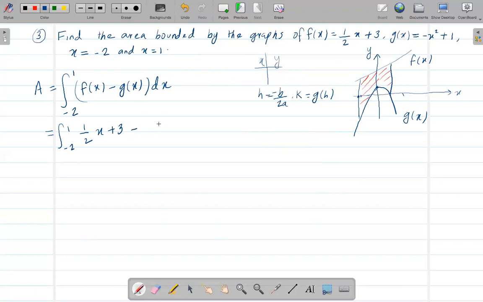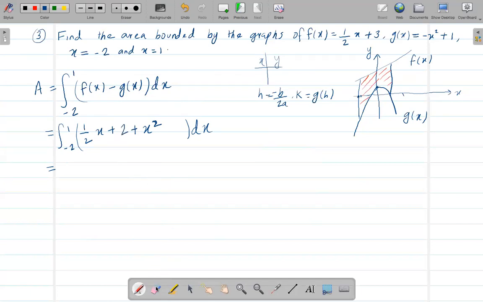So it will be positive x squared, and minus 1 is -1, dx. Now I can see that we have 3 and -1, so 3 minus 1, I can also write this as plus 2.